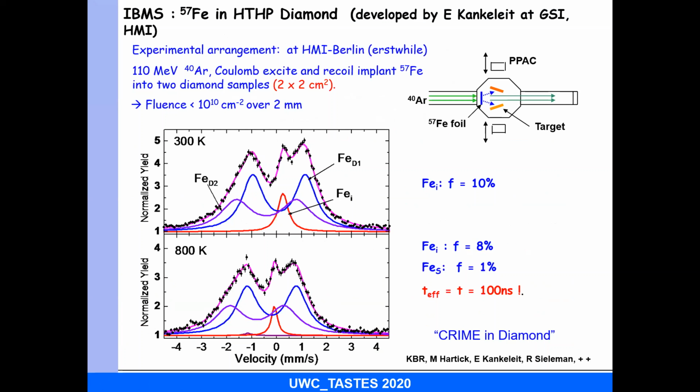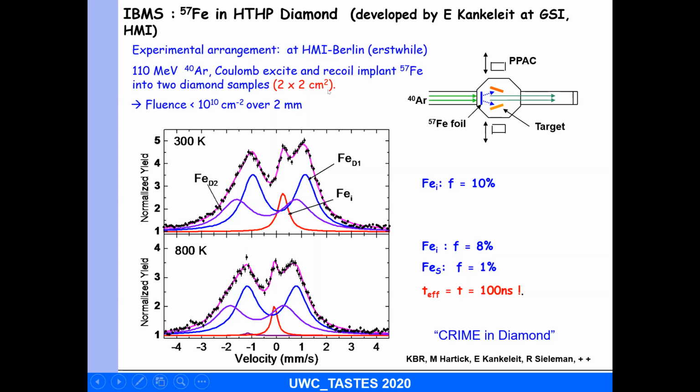Here in this slide, I show an in-beam Moessbauer system which was developed by Counterlight, first at the GSI and then at the Hahn-Meitner Institute. At the Hahn-Meitner Institute, this system used 110 MeV argon, which Coulomb excites the iron-57 nucleus in an iron-57 foil, and this is implanted on 2 targets on either side while the main beam goes through.